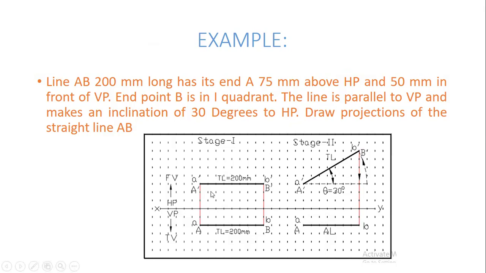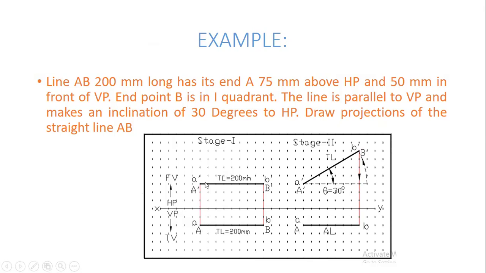So in the first stage, they are given the end point of the line AB. The end point A, how many mm above the horizontal plane? The 75 mm above the horizontal plane and 50 mm in front of the vertical plane. So draw A dash and A, 75 mm and 50 mm above and below.